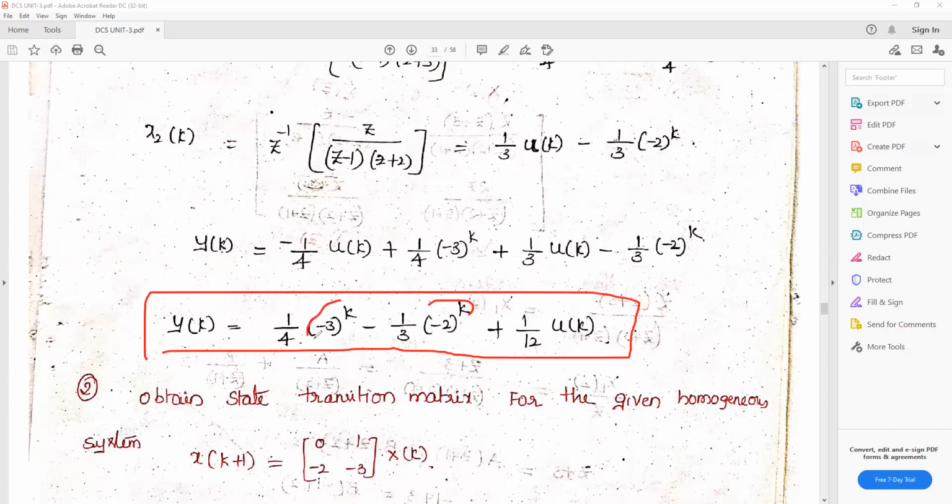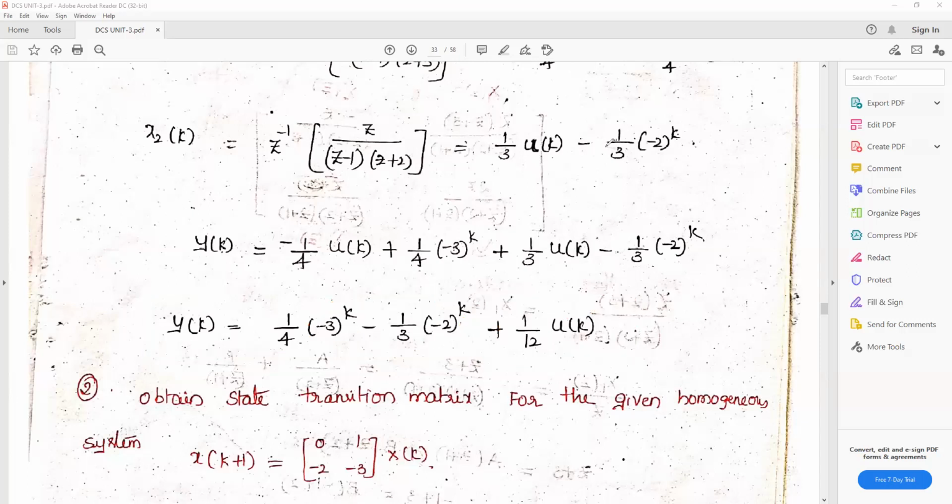These two terms are the state transition terms, where one a is minus 3 and the other a is minus 2, giving (-3) whole power k and (-2) whole power k, plus the input term 1 by 12 u of k. Okay, tomorrow we will discuss another problem.